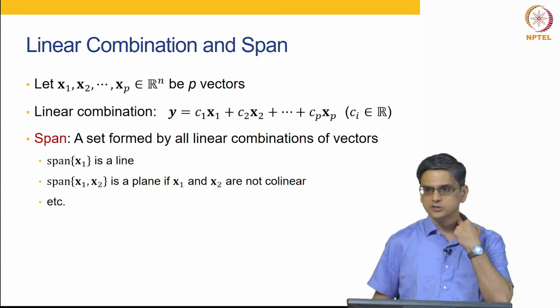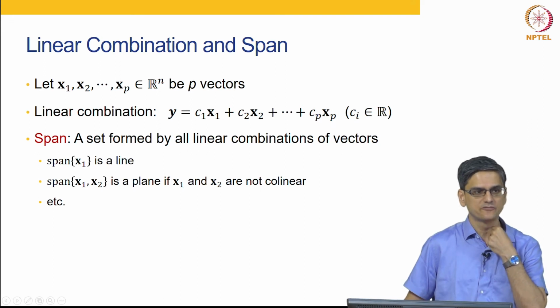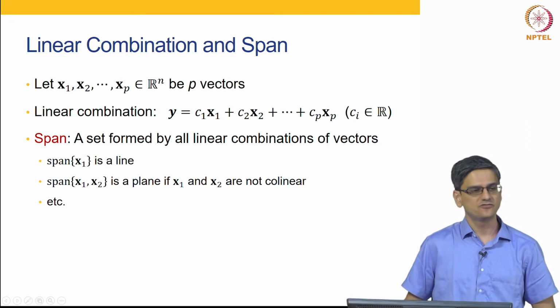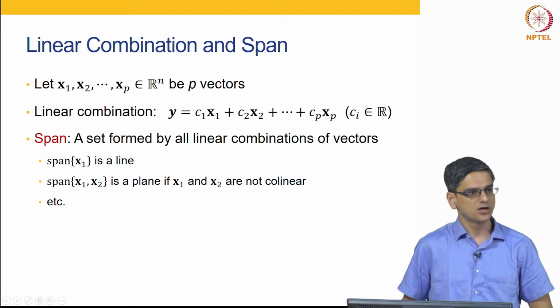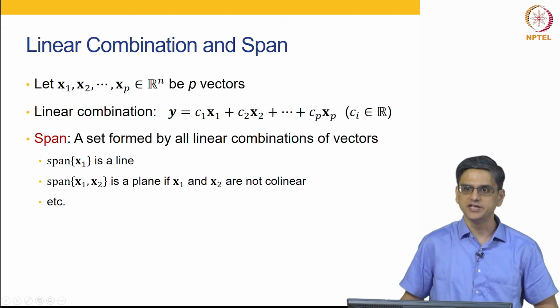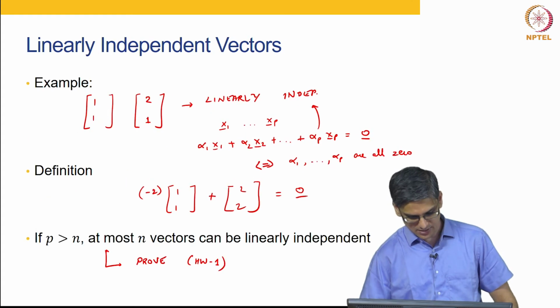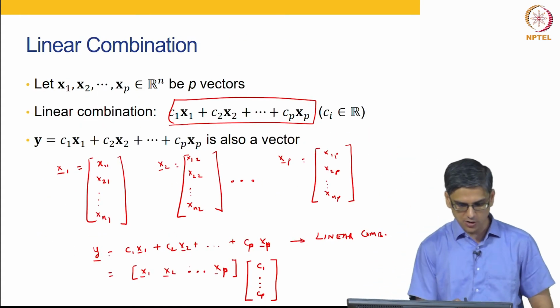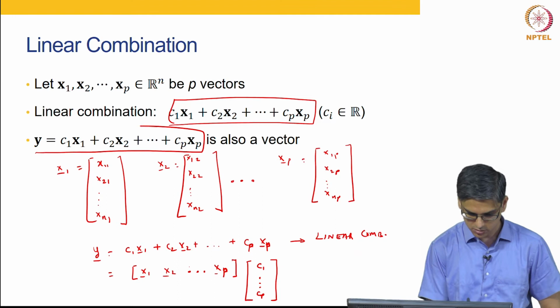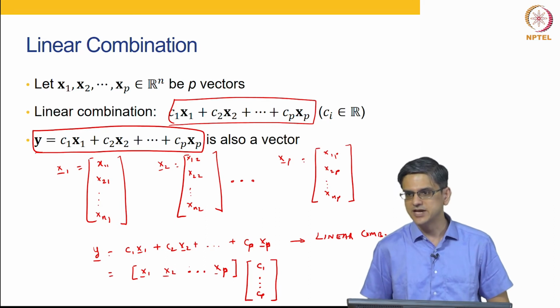So, with that we come to span of vectors. Span of vectors is a vector space which is formed by all possible linear combinations of those vectors. What we mean by that is, we have talked about y bar equal to c1 x1 plus c2 x2 up to cp xp.